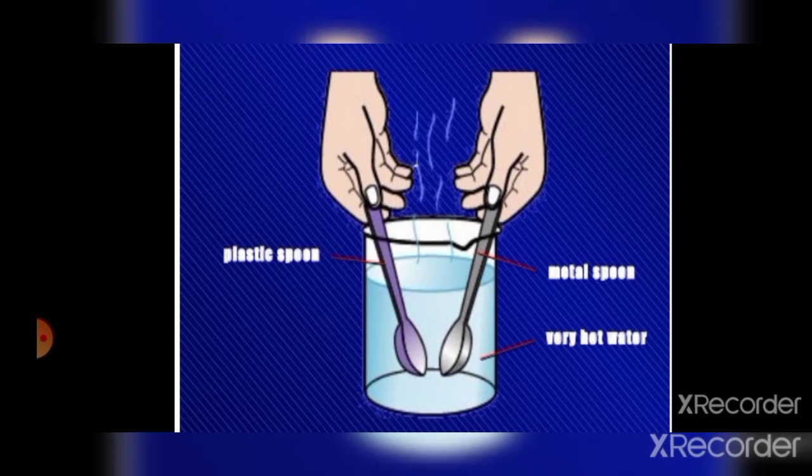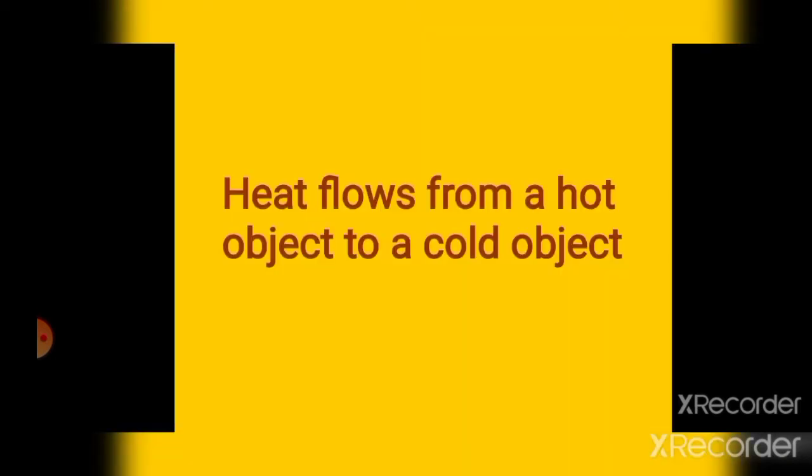So here we can say that heat flows from a hot object to a cold object, or from an object at high temperature to another object at lower temperature. The flow of heat stops when the two objects attain the same temperature.